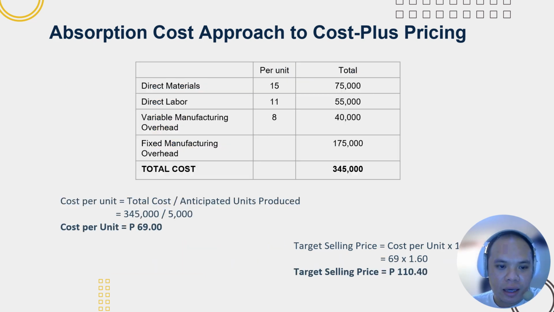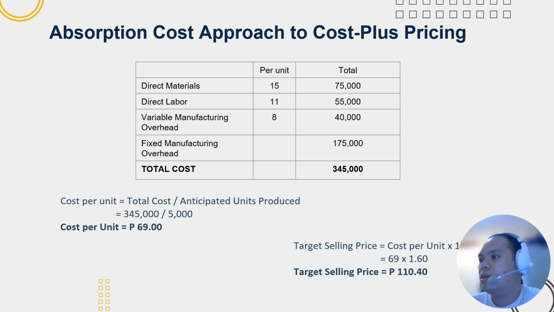Since we have those details, i-total natin yung mga direct materials, direct labor, variable manufacturing overhead, and fixed manufacturing overhead to get the total manufacturing cost. So all those direct materials plus direct labor plus manufacturing overhead, variable and fixed, will be the total cost.